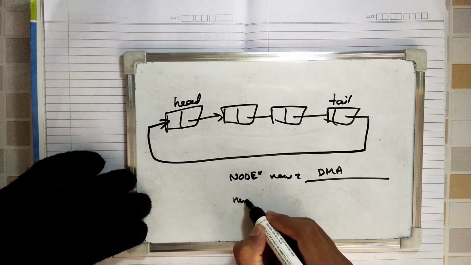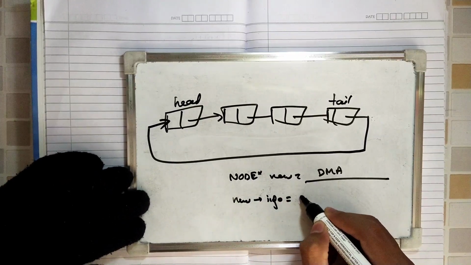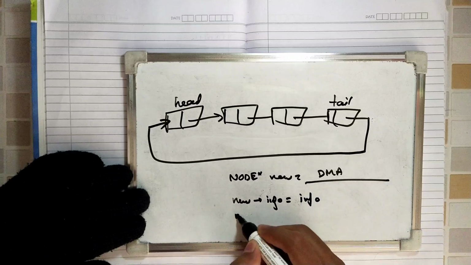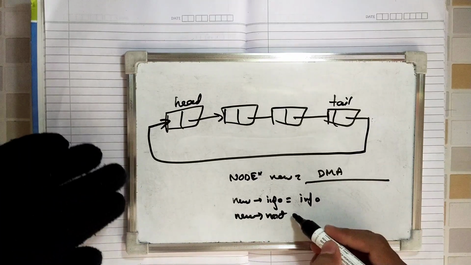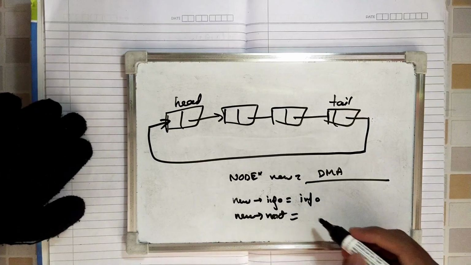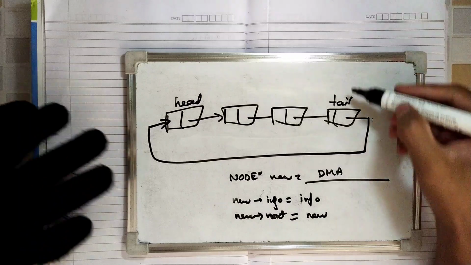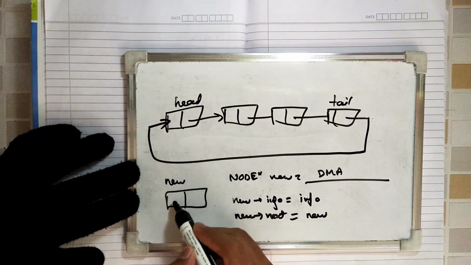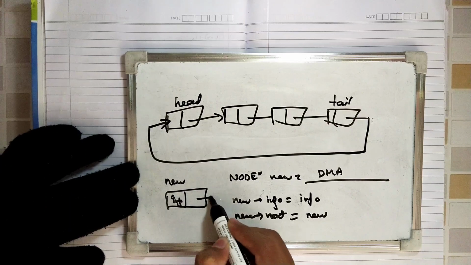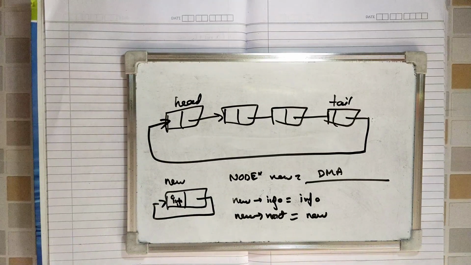So new of info equals info, but what we wrote for new of next was null. Here new of next will be new itself. I'll draw that small node. This is my new node. Info is info, but next is pointing towards itself. There is no null value.